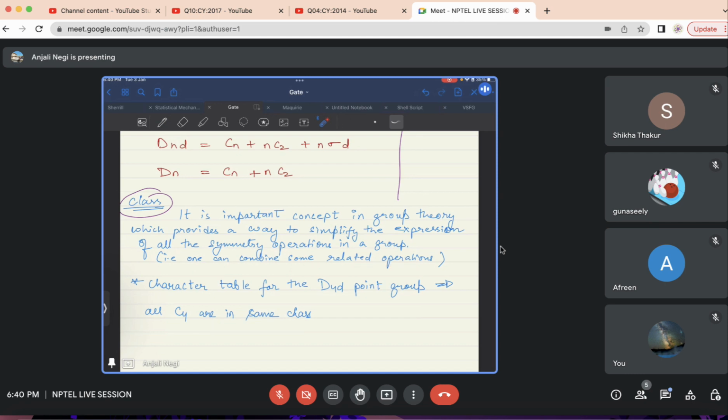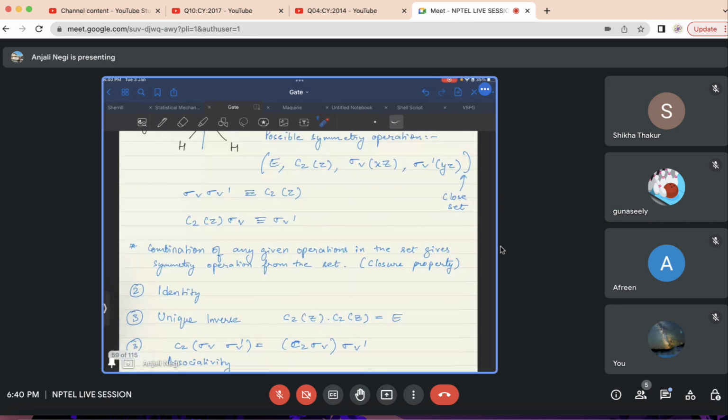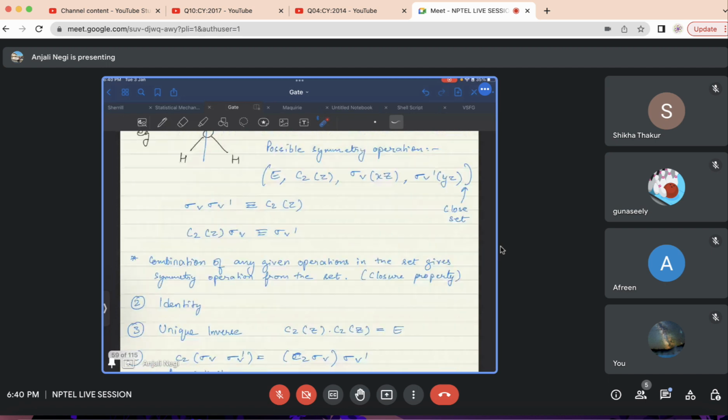Some related operations, for example, in the water molecule I have just shown you that if I do these two, I get sigma v prime, and if I apply sigma v prime, I get the C2 axis.